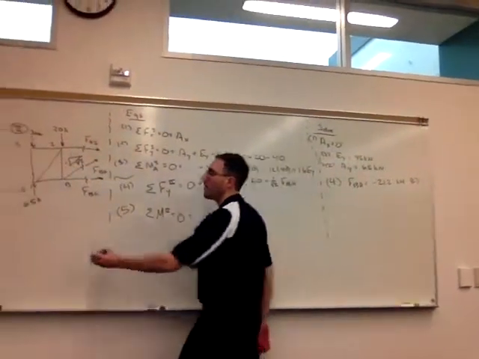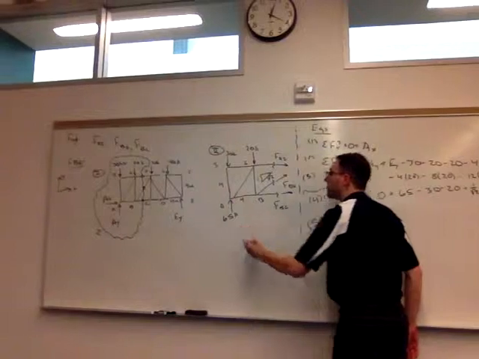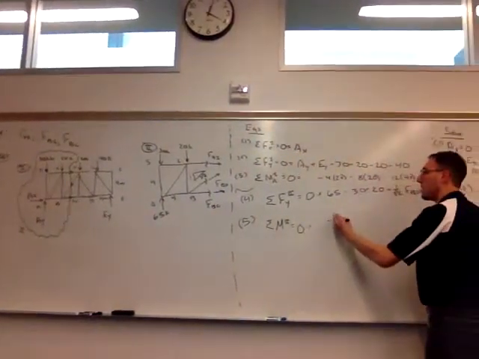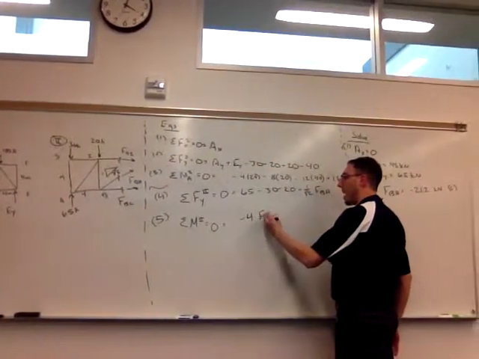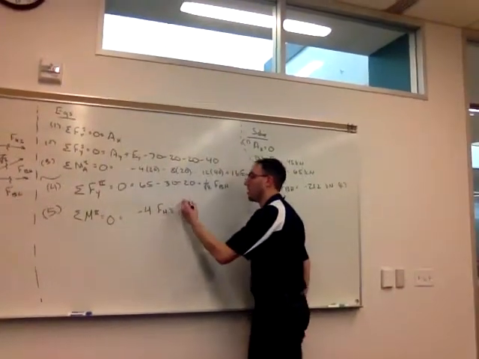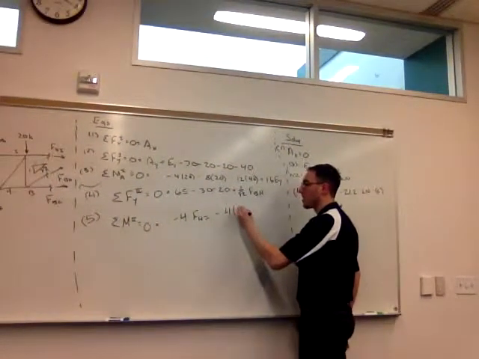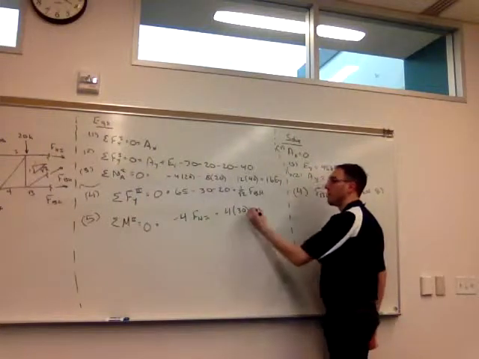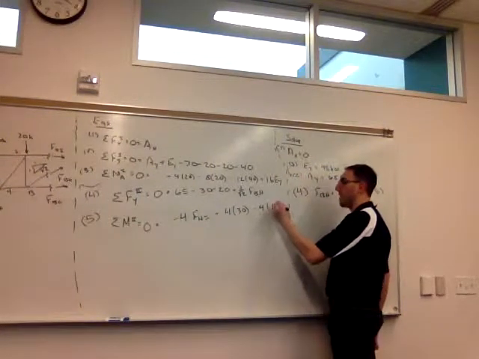However, I will have, this is 4 and 4, negative 4 FHI plus 4 times 30 minus 4 times 65.